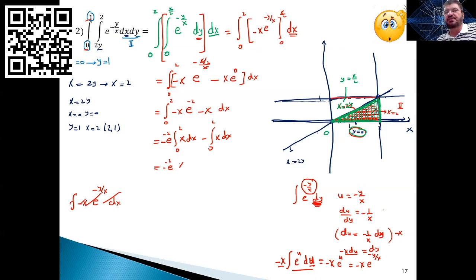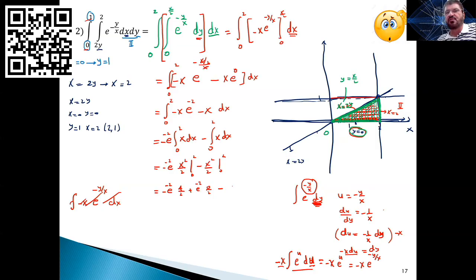And this is equal minus e to the minus 2. The integration of x is x squared over 2 from 0 to 2, minus the integration of this one is also x squared over 2 from 0 to 2. So minus e to the minus 2, put the 2, you get 4 over 2, minus, and minus becomes plus, e to the minus 2, put the 0, you get 0 over 2.